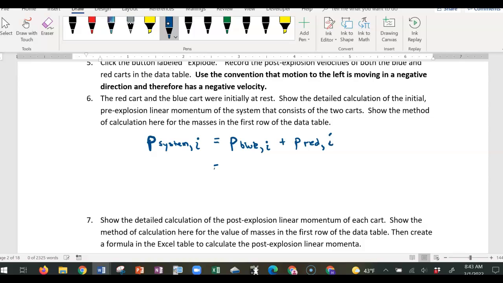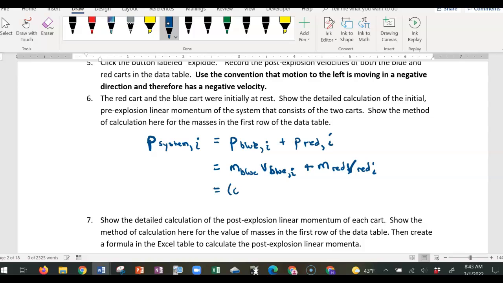Well, the initial momentum of the blue cart is the mass of the blue cart times the initial velocity, maybe I should say blue initial. And the momentum of the red cart is the mass of the red cart times the velocity of the red cart initially.